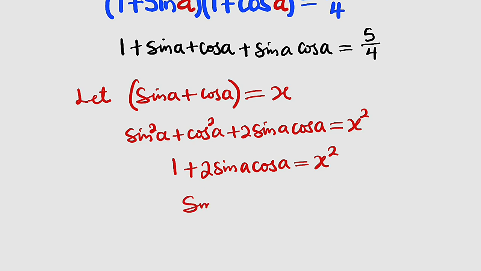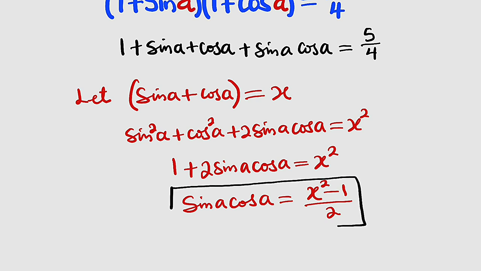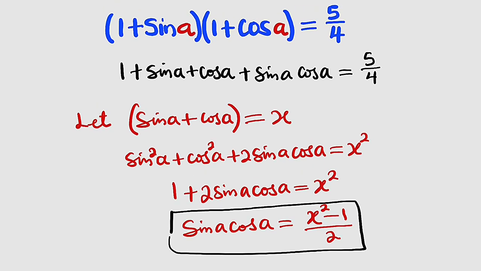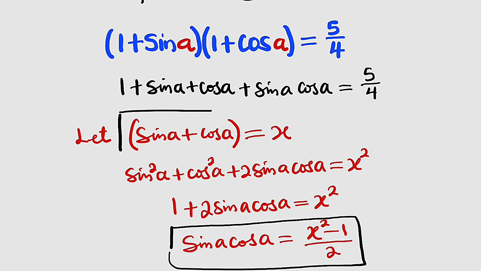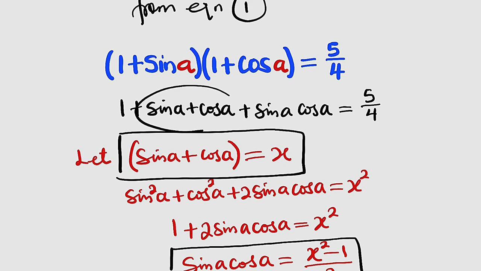It implies that sin A cos A is equal to (x squared minus 1) divided by 2. All right, so look at two important things here. We have the product of sine by cosine of the same angle, and we have the sum here, which are exactly available here. You see them? So we are going to plug them back into this particular equation.